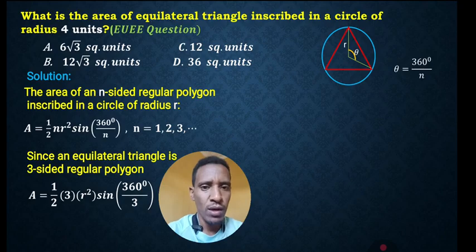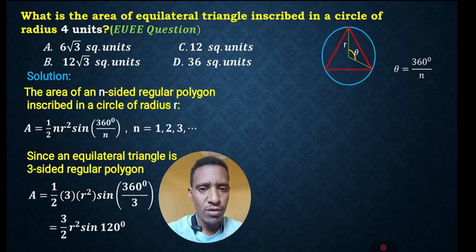So the area is equal to half of 3 times R to the power of 2 times sine of 360 degrees over n, where n is 3. So this reduces to 3 over 2 times R to the power of 2 times sine of 120 degrees.